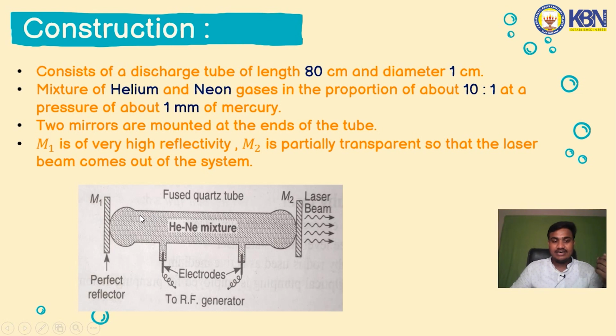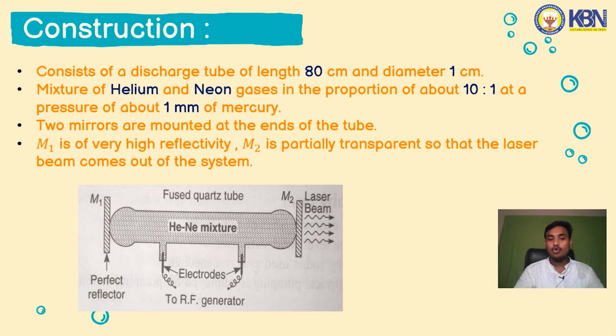The discharge tube contains a mixture of helium and neon gases taken in a proportion of about 10:1, helium being 10 and neon 1, at a pressure of about 1 mm of mercury. This mixture of helium and neon gases acts as the active medium.